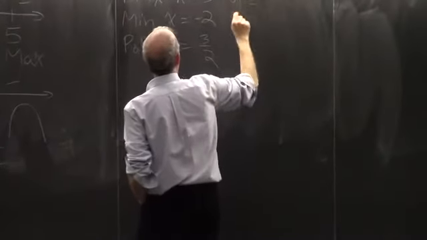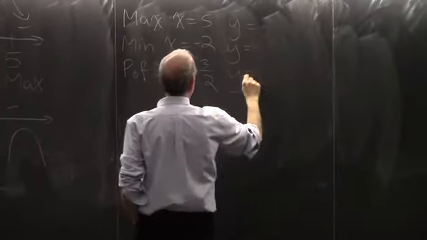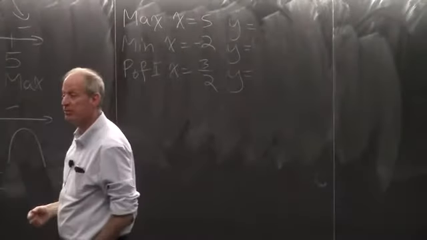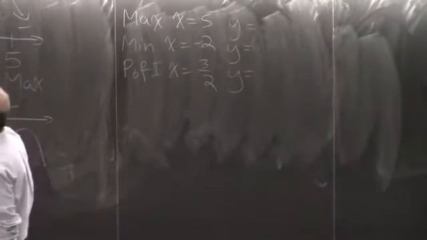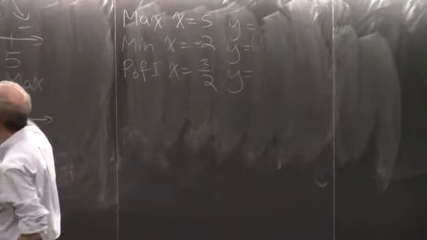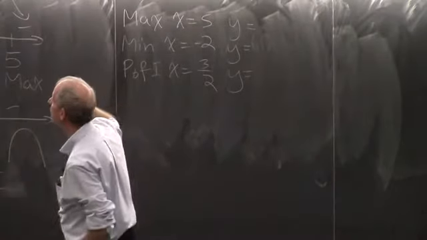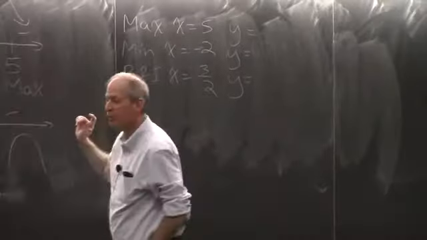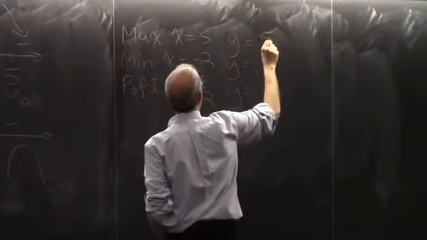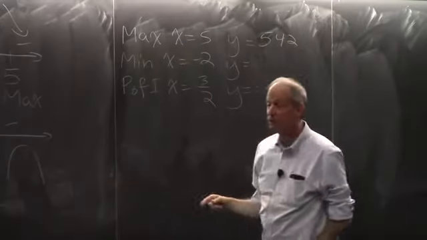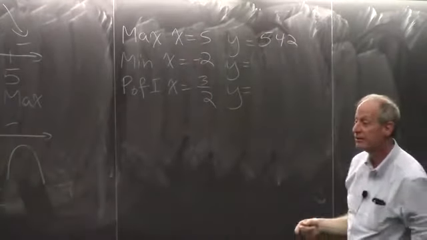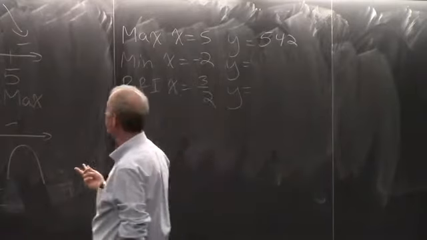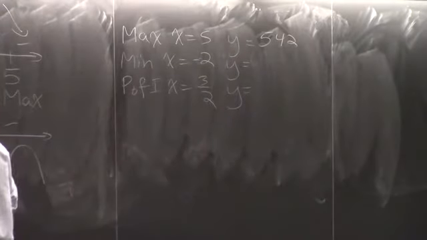Now you have to find the y coordinates. This is when you're happy you have scrap paper. You take 5 and you plug it in, and you get 542. Is that right? Tell me if I'm wrong. I don't know. You just trust me on that? Okay. I could be wrong.